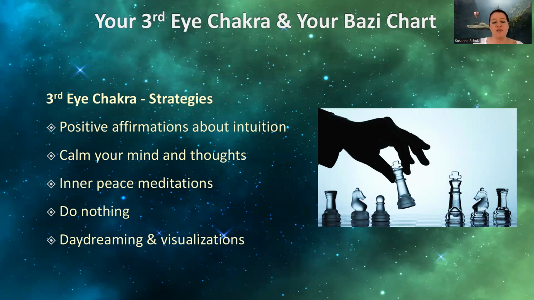And then do nothing. Yeah, this sounds actually quite easy, but it's not. If you've ever tried to just sit down for 5 minutes and not do anything, you will know how difficult that is. Because we're always doing something. Even when you sit down and you try to quiet your mind, you are doing something, you're quieting your mind.